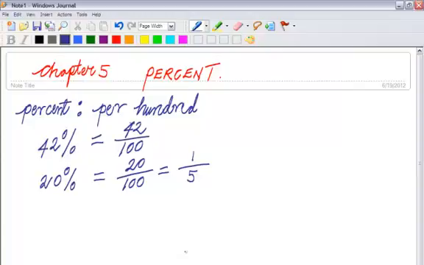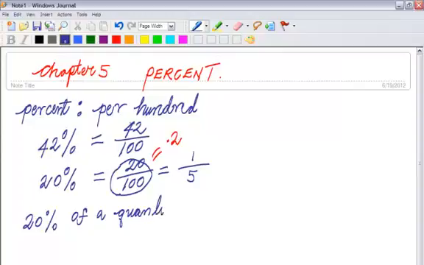Okay. Now, when I'm writing this 20%, what is the meaning of that? If I say 20% of a quantity, what do I mean by that? 20% of a specific quantity.